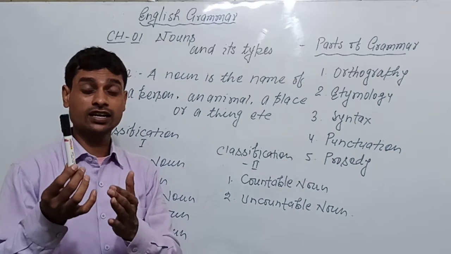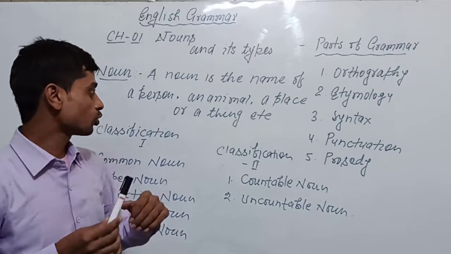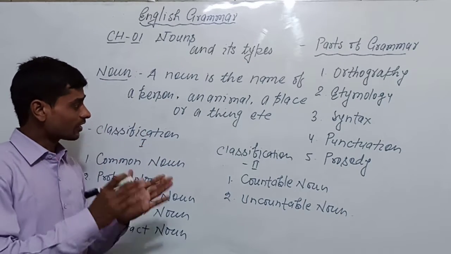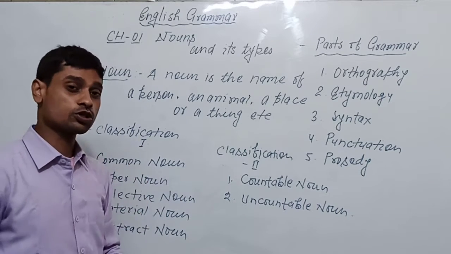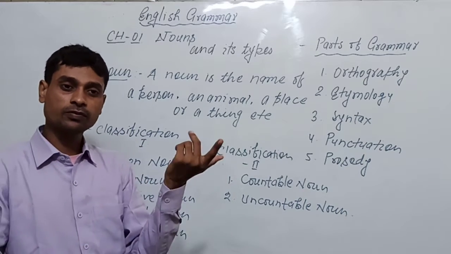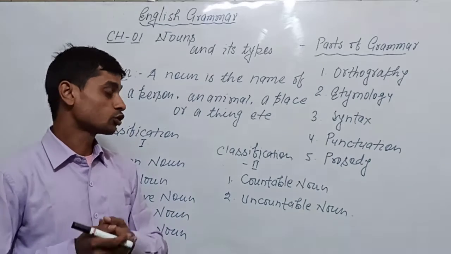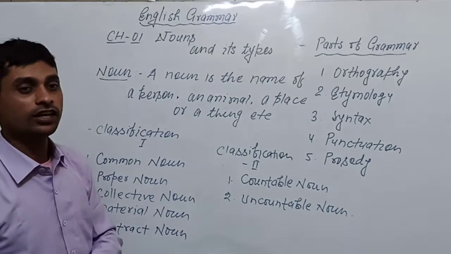It means it has a name, so we call it a marker. So in this world everything is a noun. We can say in another way, the naming words are called nouns. We can also say a noun is the name of anything. यानी किसी भी वस्तु को हम क्या कहते हैं? नाउन कहते हैं. So everything has a name, so we call it a noun.